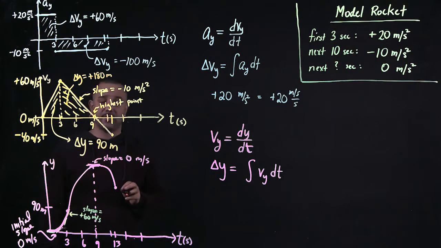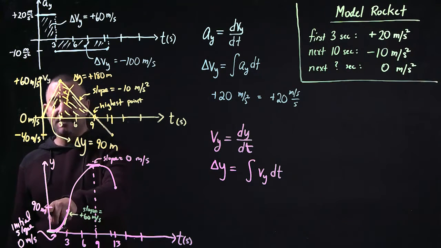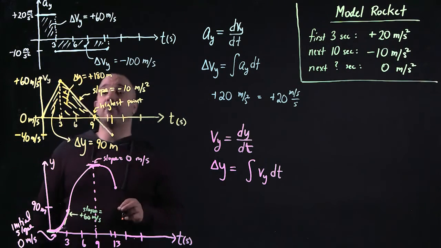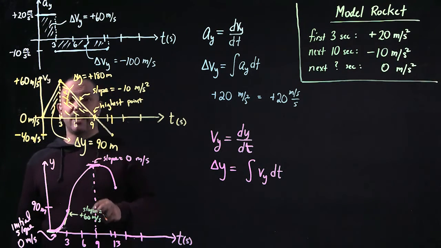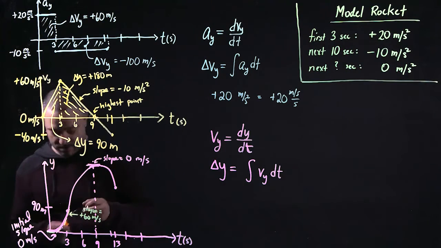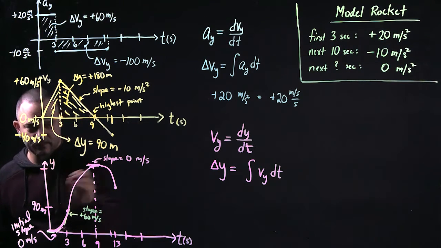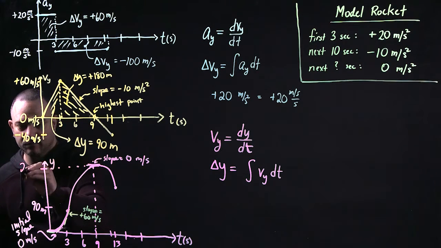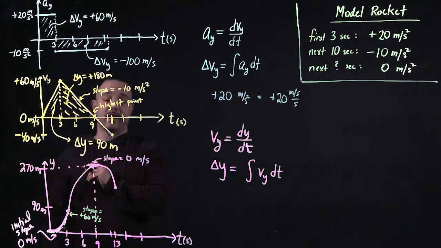That means we went from 90 meters, and now we're going up 180 meters, so that takes us up to 270 meters. That's our maximum height of our rocket.